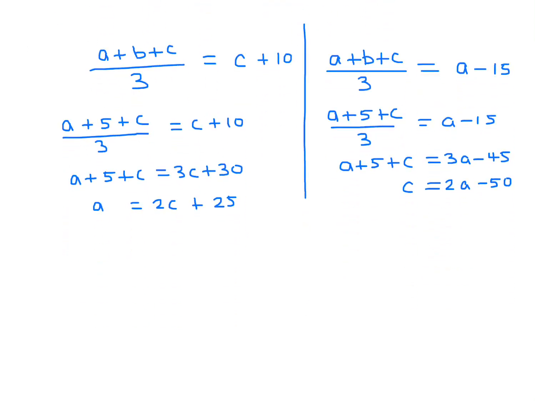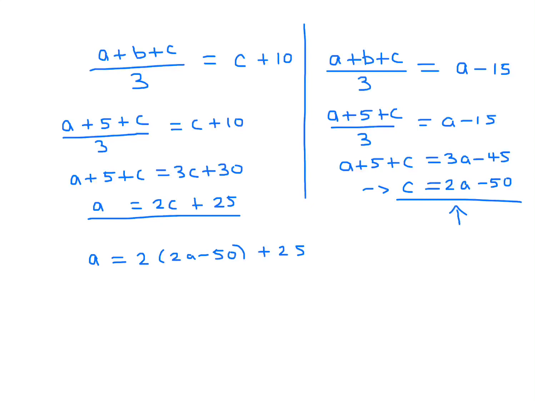So we've got two equations, two variables. We can most definitely solve this now. We can sub this one into here or that one into there. It doesn't really matter. Let's just work with this one. A is equal to 2C plus 25. So C we got over here was 2A minus 50. So you substitute that in.